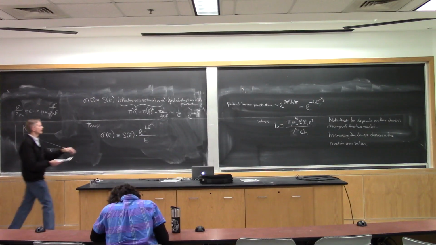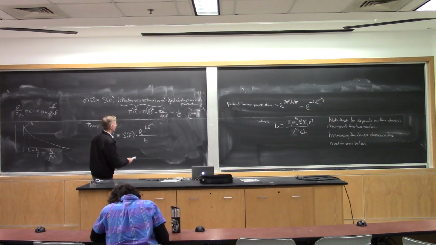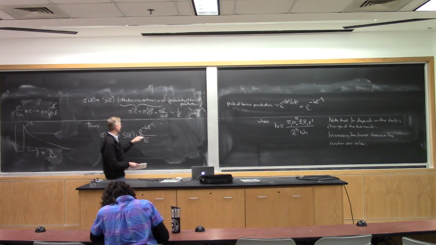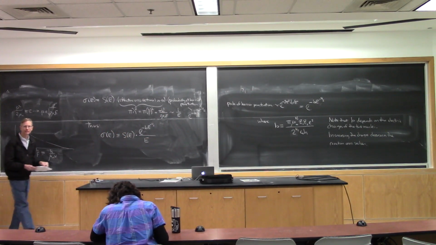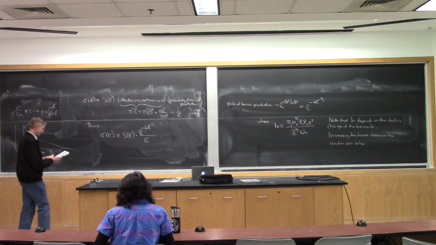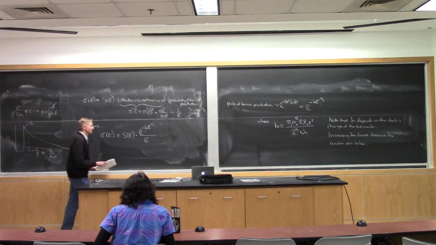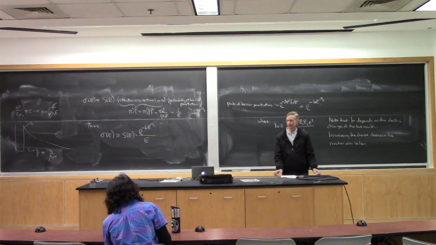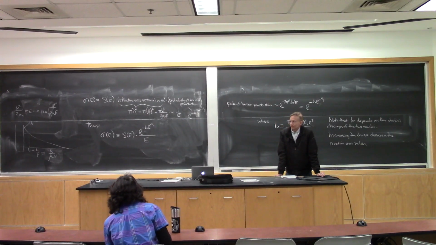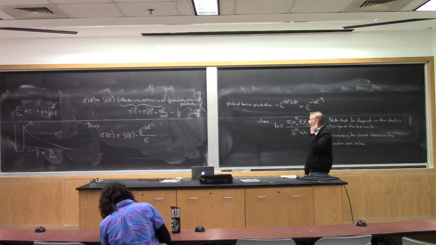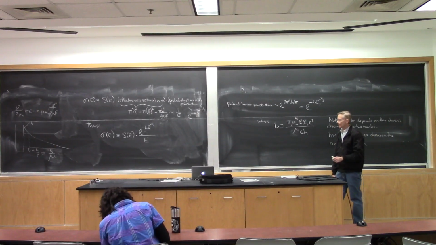So we can fold everything else into the S of e, any other extra constants lying around like the pi h squared over the 2 mu m, that could just get folded into S of e. Questions, comments, observations? So that's the interaction cross-section as a function of energy.